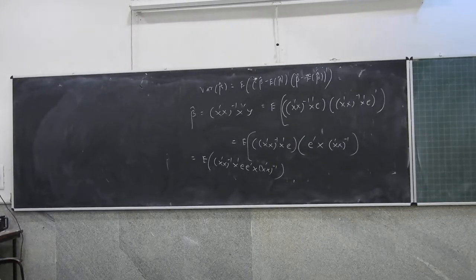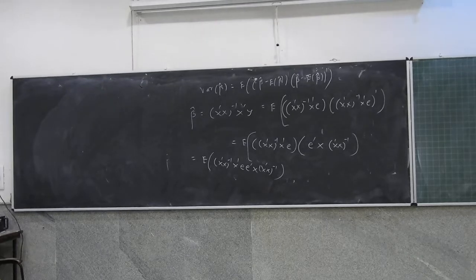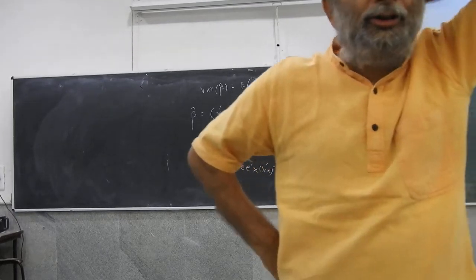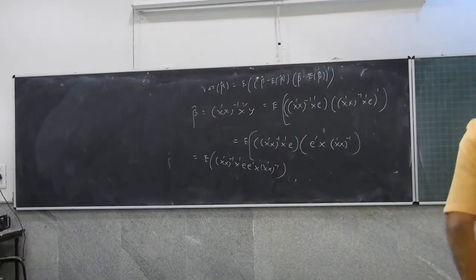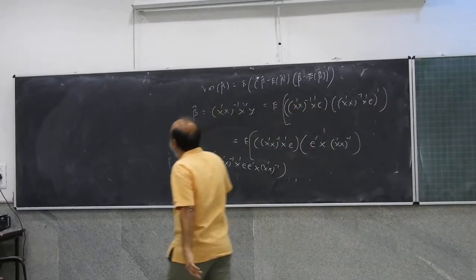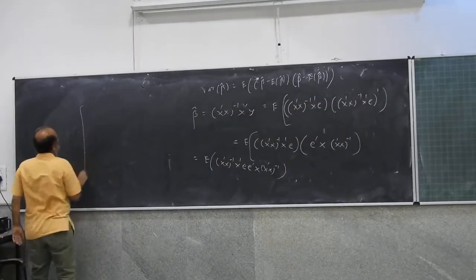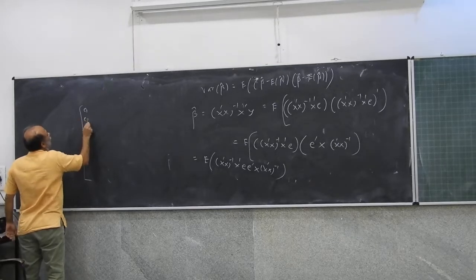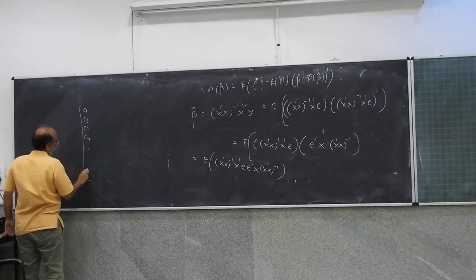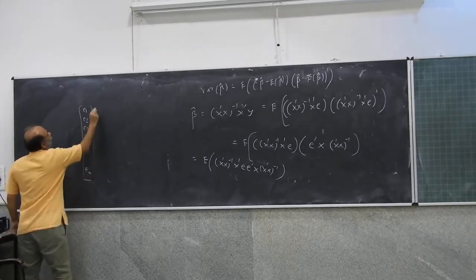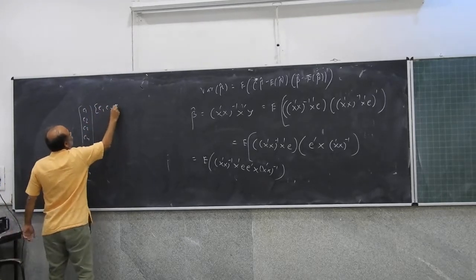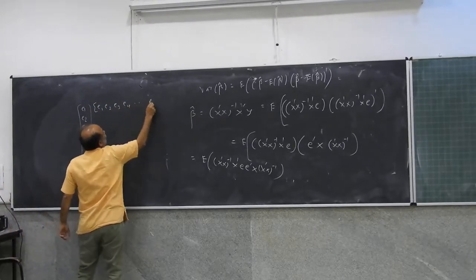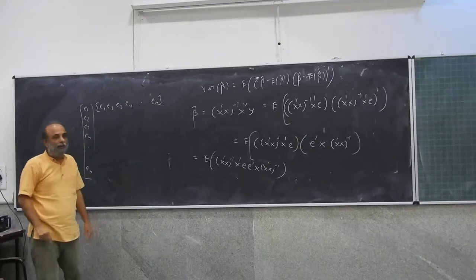And how will it look? Let's write E. Suppose E is E1, E2, E3, E4, up to En, and E transpose will be the row.